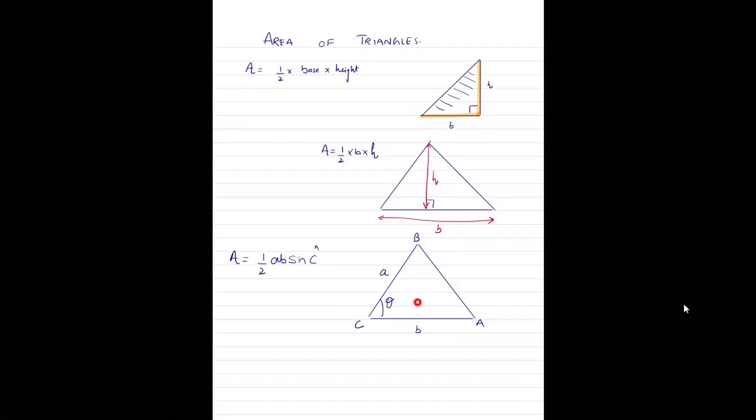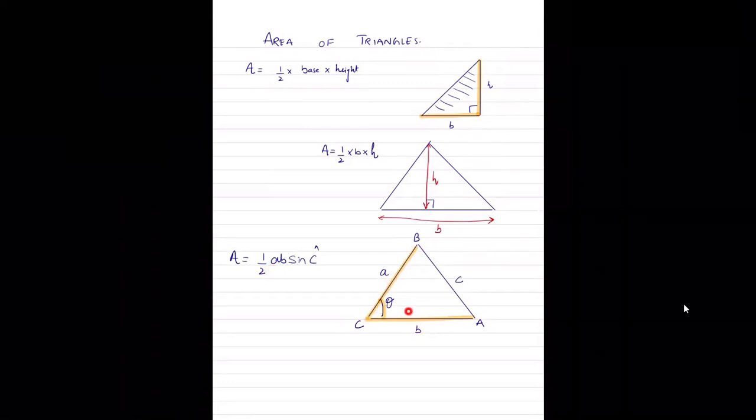The side opposite to angle B is small b, and the side opposite to angle C is small c. But if you have two sides and an included angle, you can just use this formula to find the area of the triangle.